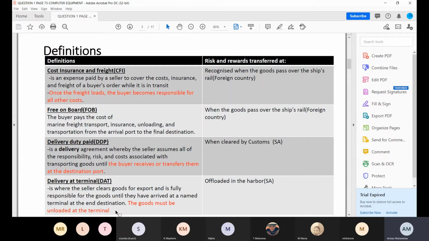If delivery at terminal is used, then from the moment the goods are shipped, let's say for example from a US harbor until they reach Durban or Cape Town harbor, until they are unloaded at the terminal, the seller is still responsible. The moment they are offloaded at this site, then you as the company in South Africa are responsible now. And that's where the transaction date starts.